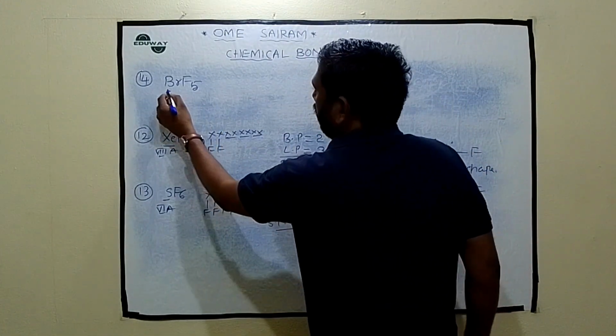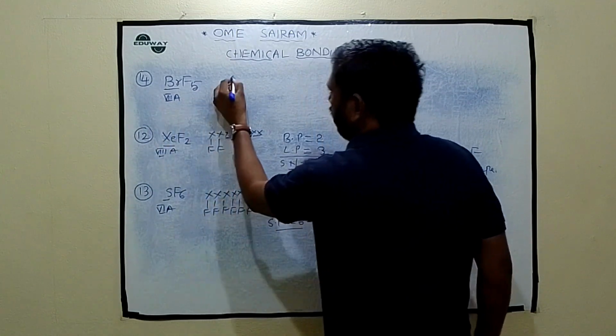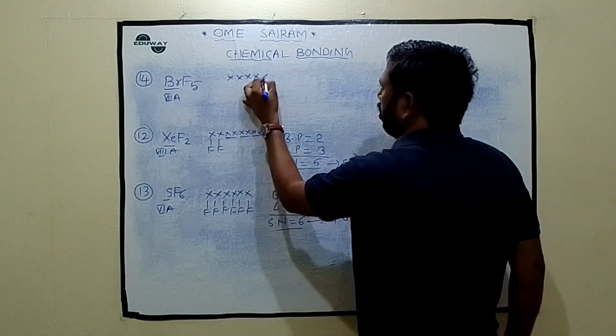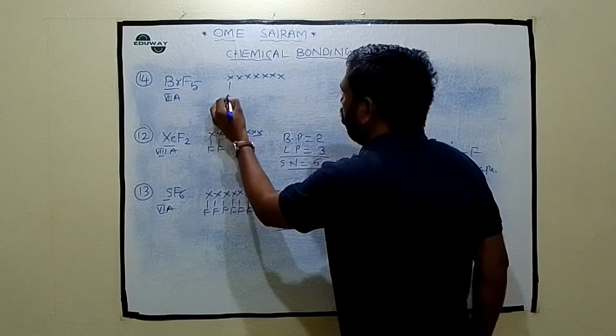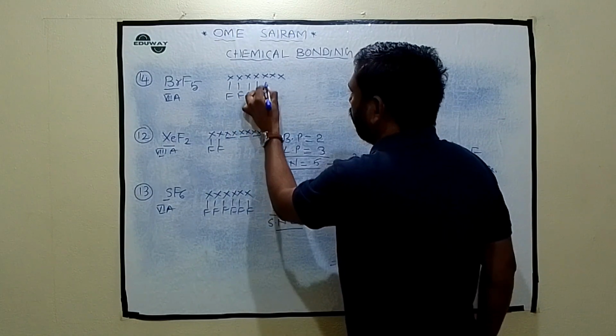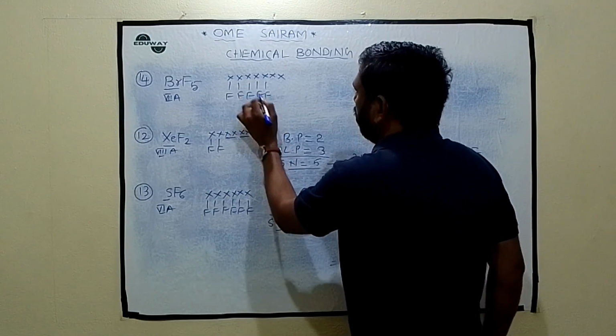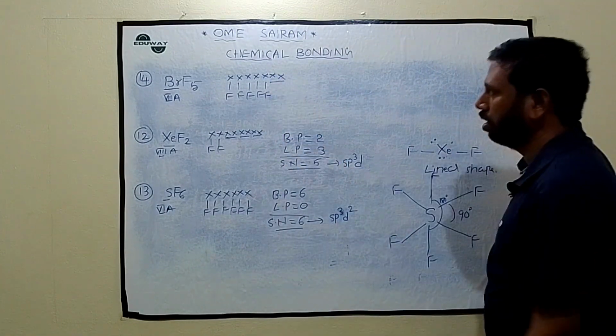In BrF5, the central atom is bromine, and it belongs to 7th A group element. It contains 7 valence electrons, and bromine is forming 5 bonds with 5 fluorine atoms, and the remaining 2 electrons exist as 1 lone pair.